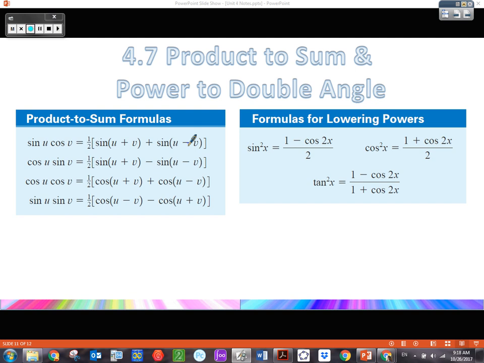This other formula right here is for converting sine squared and cosine squared. Again, in calculus, it's quite difficult to integrate something squared unless it's set up perfectly. And so instead, we're going to switch it to a double angle. It's easier to integrate a double angle than it is something squared. And that's something that you'll learn in calculus next year.